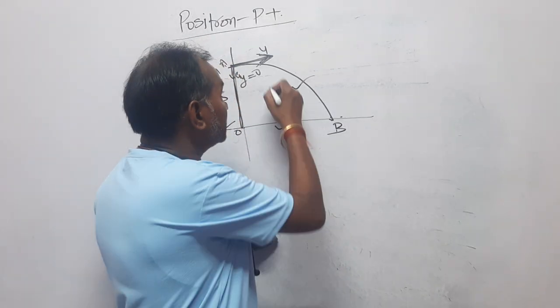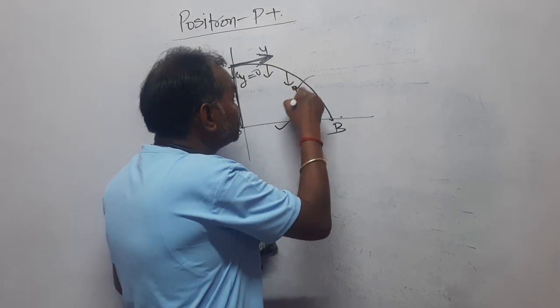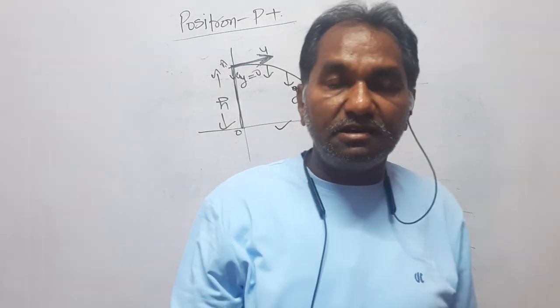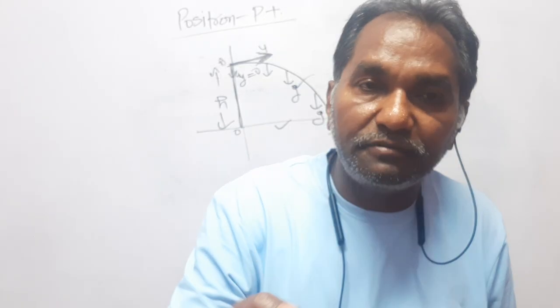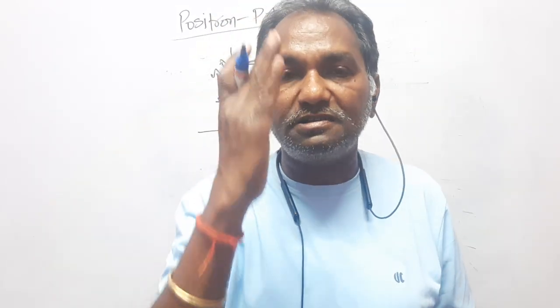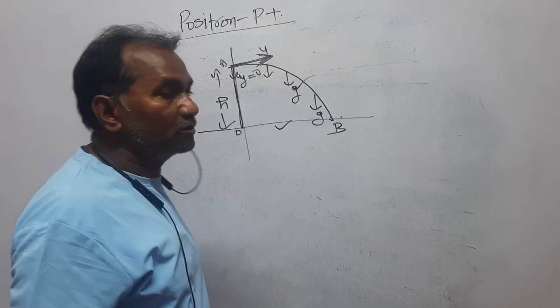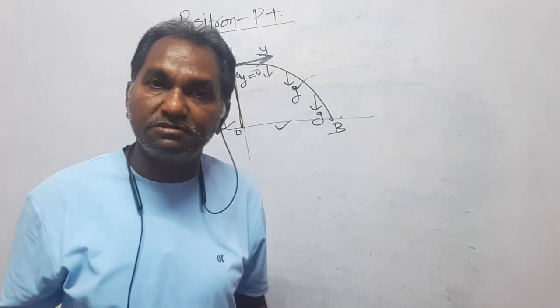In this motion, again I am telling you that there is no acceleration other than one, that is acceleration due to gravity acting vertically downward. There is one and only one acceleration, acting vertically downward. So it has an impact on the vertical velocity and the horizontal velocity remains constant.